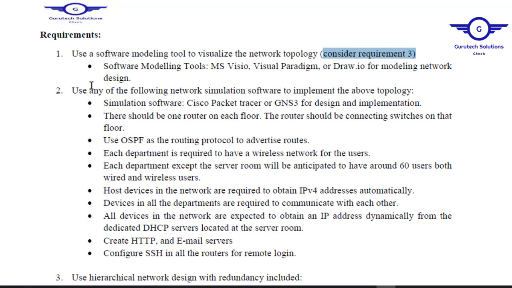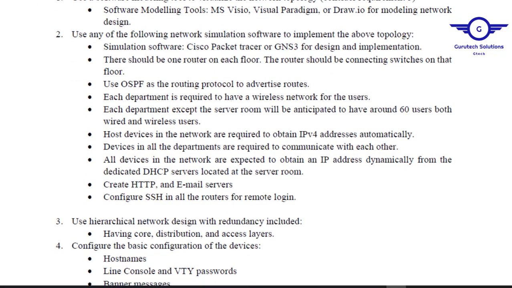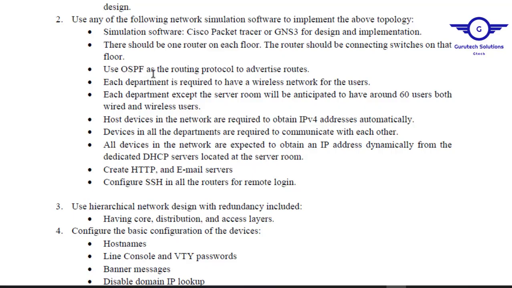Number 2, use any of the following networking simulation software to implement the above topology. Okay, so we are going to implement the topology that we've created here using Cisco Packet Tracer or GNS3. Now there should be one router on each floor. The router should be connected to switches on that floor. Use OSPF as the routing protocol to advertise routes.